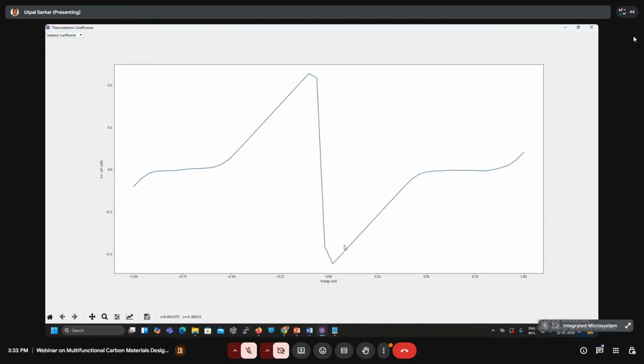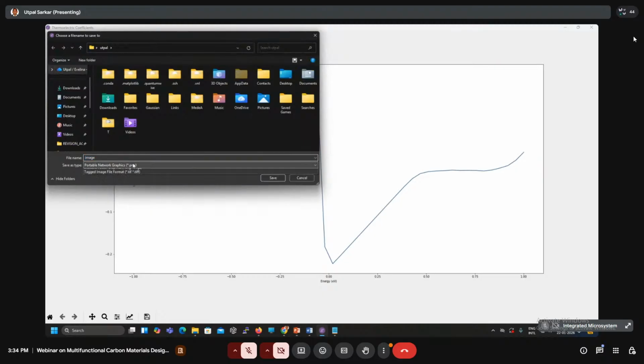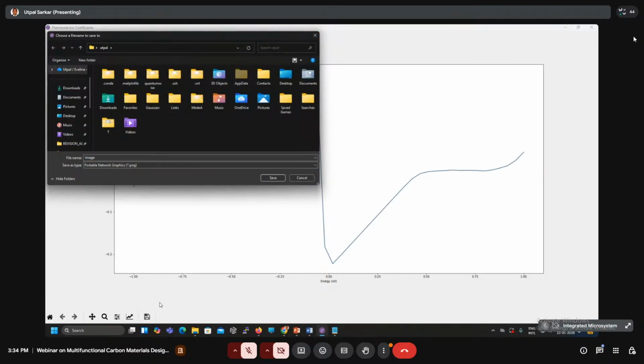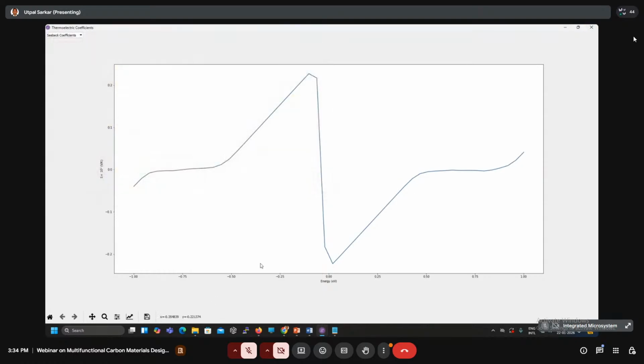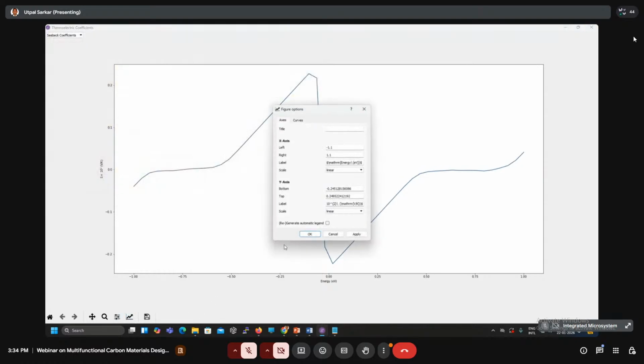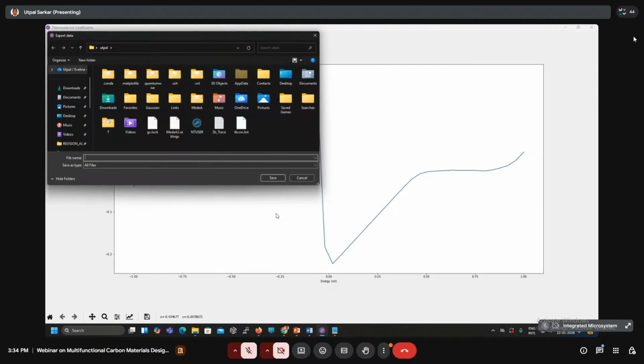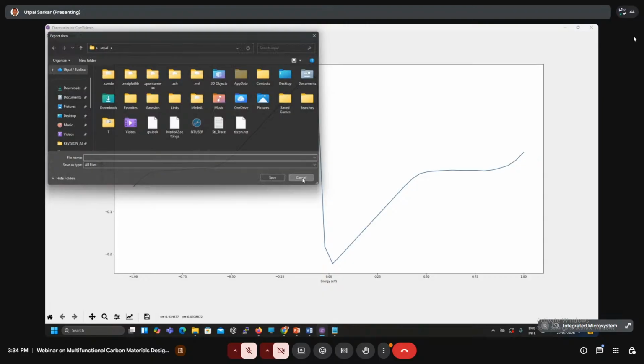If you want to extract the data, then use the save option and save as. Extract data, then we can extract the Seebeck coefficients data as a .txt or .dat format.